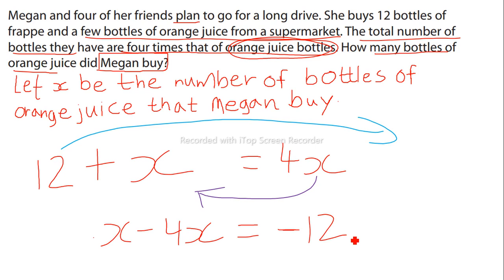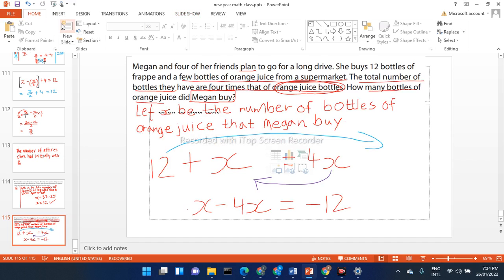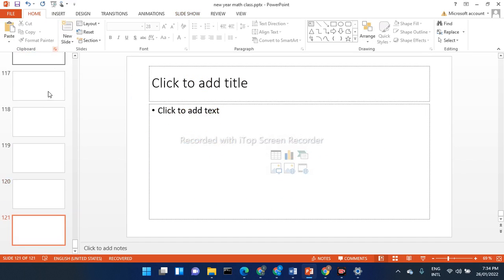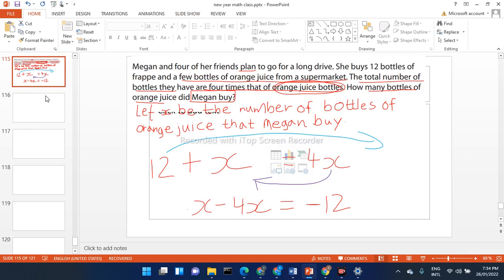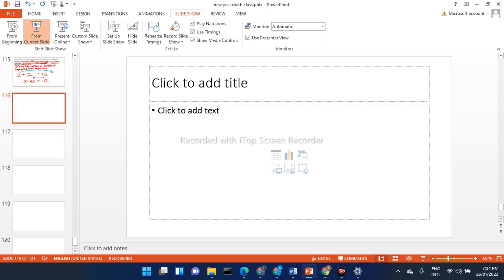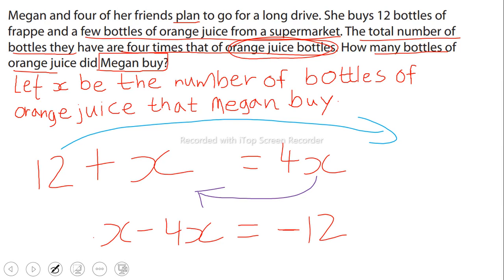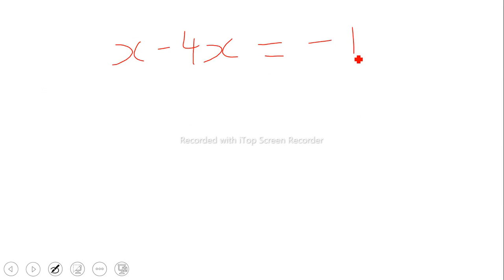Alright, so let's move it. So it's going to be x minus 4x equals, we continue with it, we're not done.